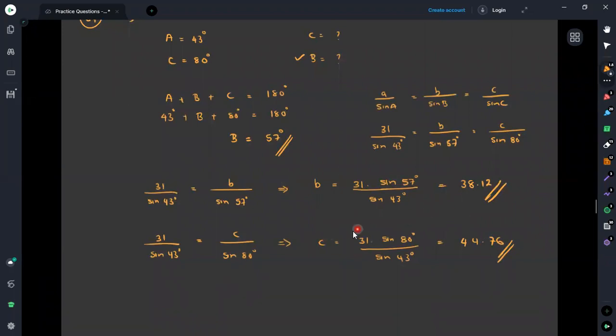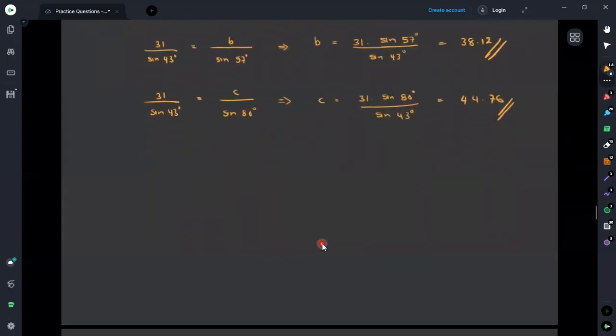But if you need to obtain the latter part, we can use the cosine rule as well. With the cosine rule, we can take c squared is equal to b squared plus a squared minus 2 times ab times cosine C. Now we know the value for b, the value for a, and the value for C as well.